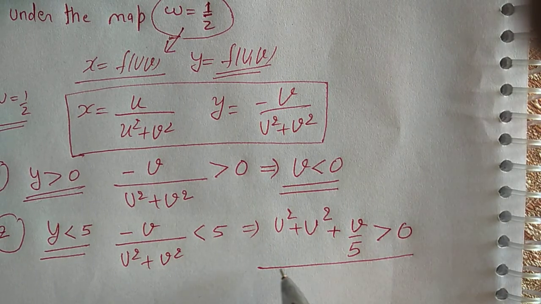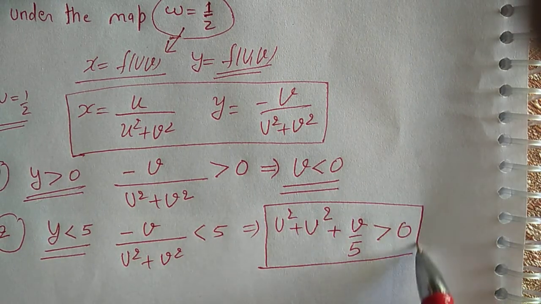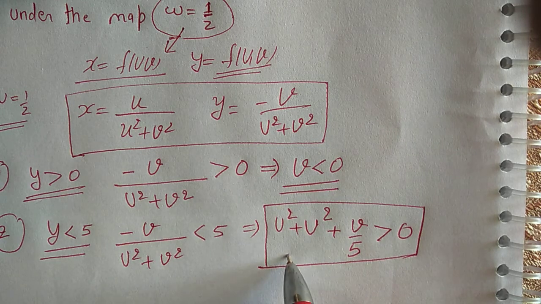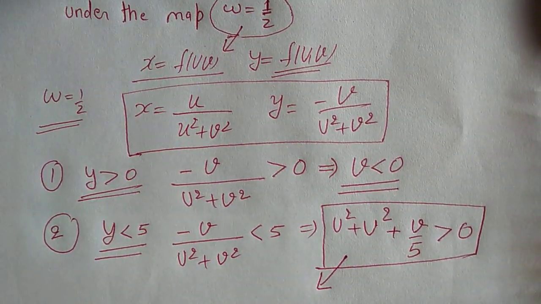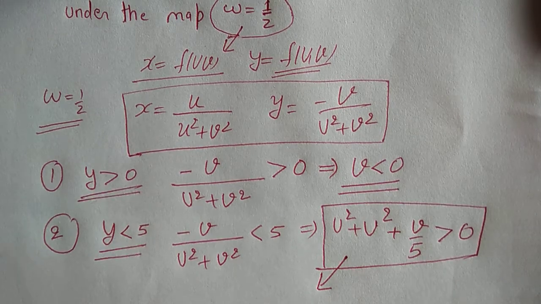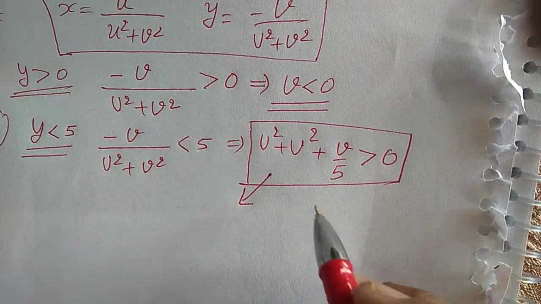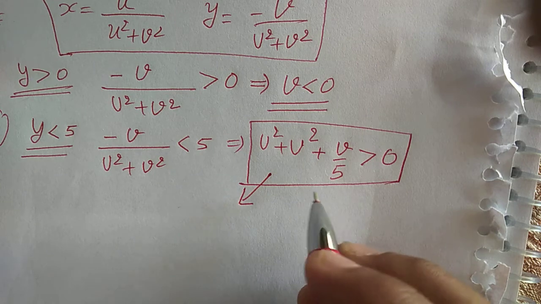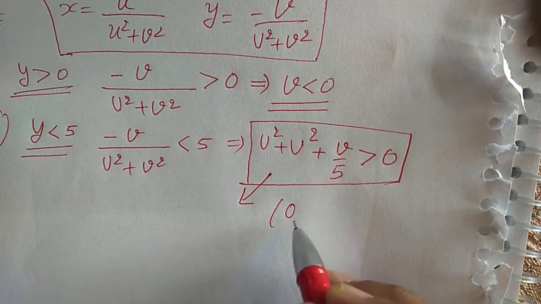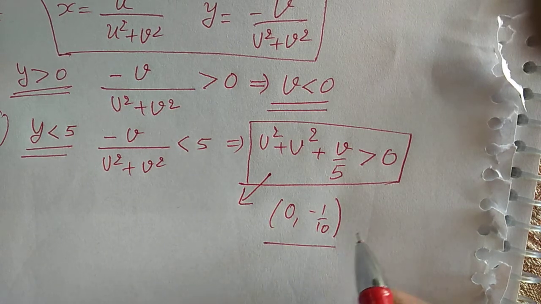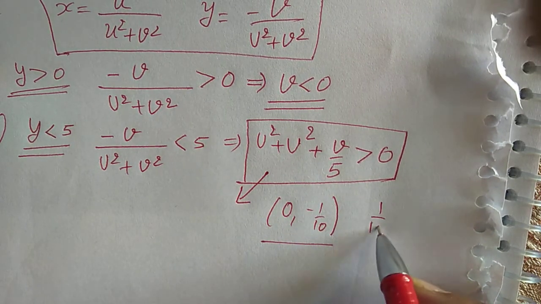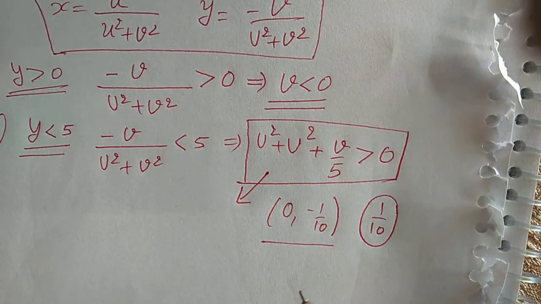So this is the equation of the image curve for y less than 5. This is a circle with center 0, minus 1 by 10 and radius 1 by 10.